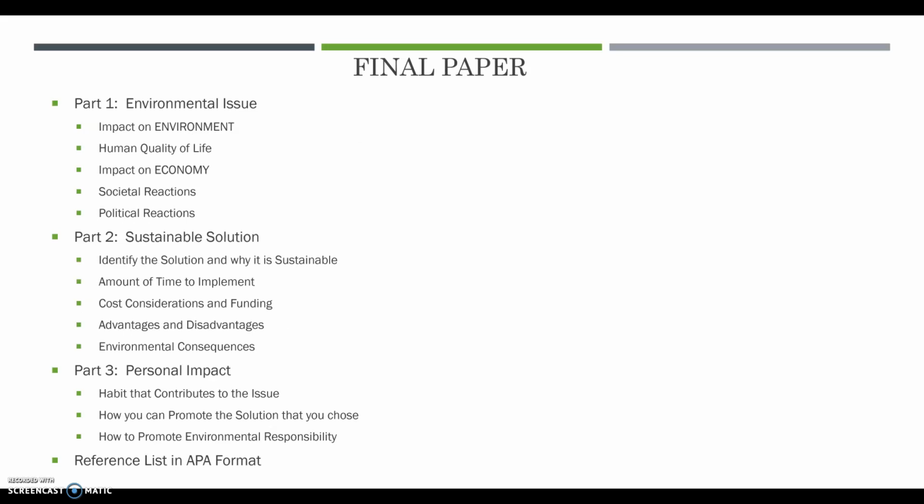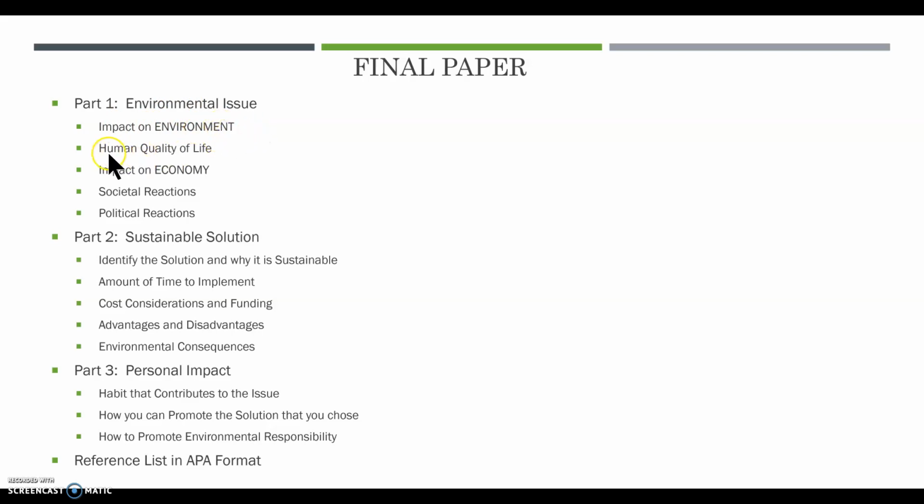So this is just giving you the breakdown of everything that should be included. I would recommend that you have your heading, and then these are subheadings, and then you have your answers underneath them, right? So your heading for part 1 would be environmental issue, and then you would type impact on environment, and you would discuss that.